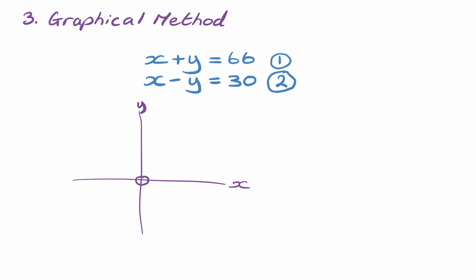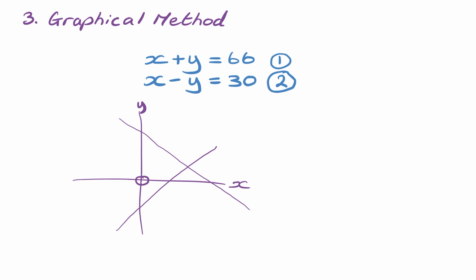What we're aiming to do is plot two lines, one which will roughly go like that, the other which will go probably like that, and our solution would be this x value here and the y value there. It would be where those two lines cross, and that is how you solve a pair of equations with the graphical method.